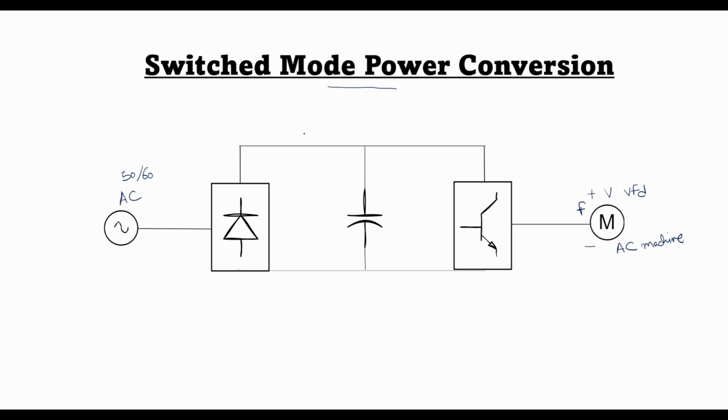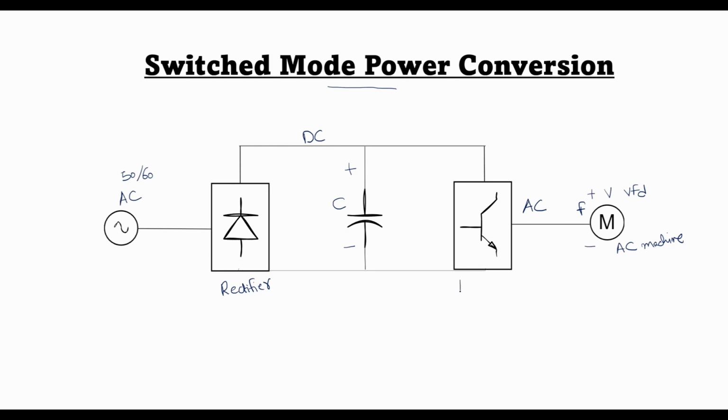Alternating current is converted into DC by this block here, which is called a rectifier, and the DC voltage is then stored across this capacitor C, and this DC is then converted again into AC with variable frequency and voltage.